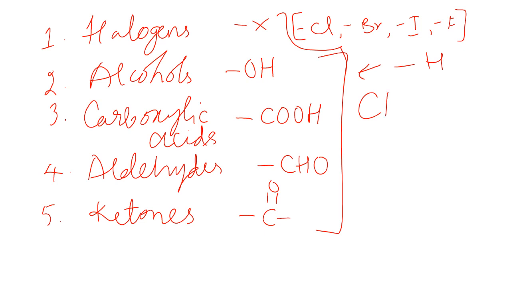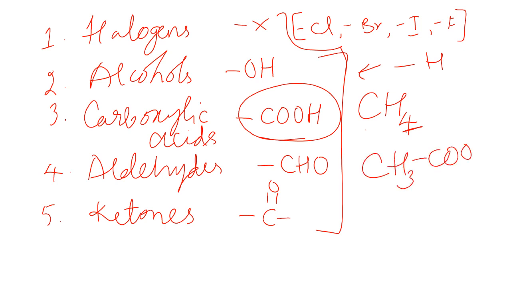So if I want a carboxylic acid, I can take methane, replace one hydrogen with this functional group. So it will be CH3COOH. So that is a member of the carboxylic acid family.